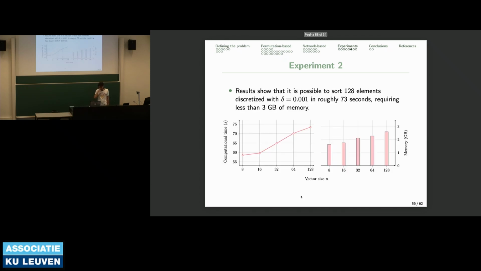And if we look at the computational time and memory, it's still OK. We can sort 128 elements in 70 seconds, more or less. But this implies a precision up to 0.001, which is a nice precision, I would say. And also, the memory requirements are not that large for a CKKS circuit.